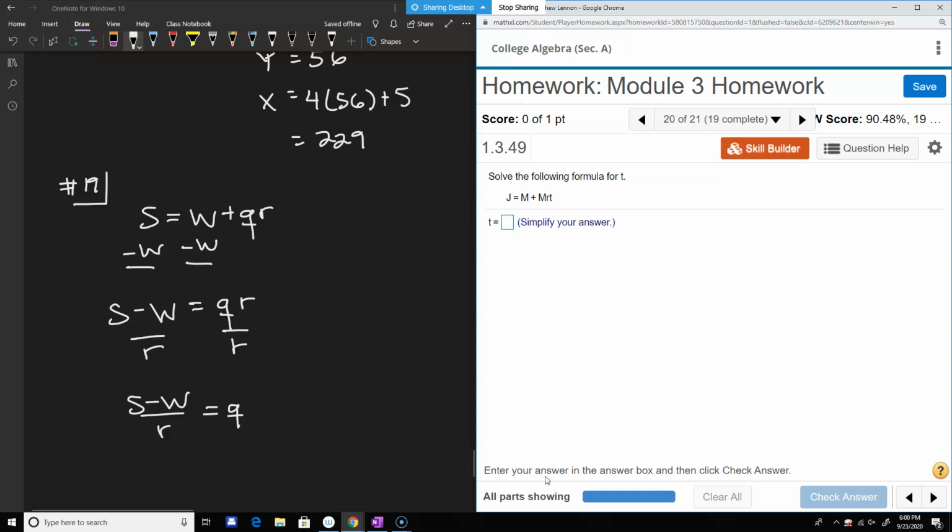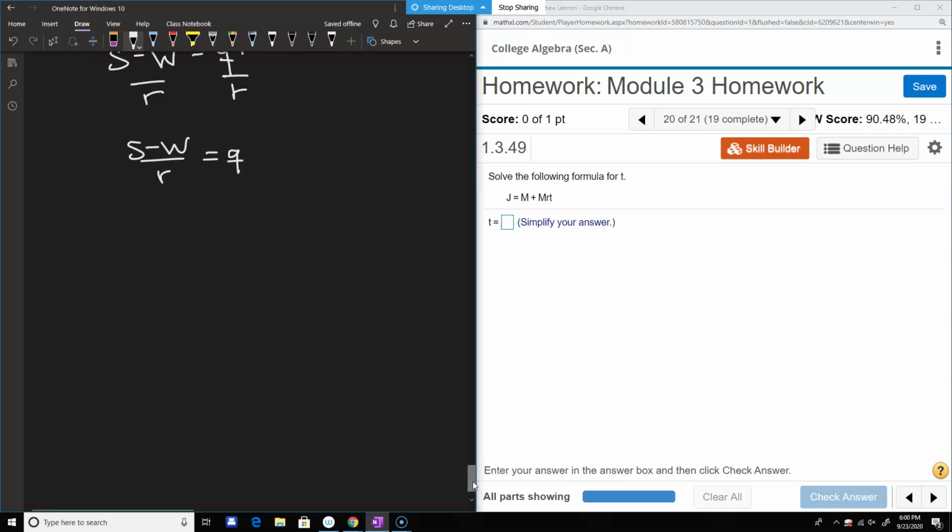This one we want to solve for t. Same sort of thing going on. There are two factors being multiplied by t in this one. So that means we're going to have to divide by two things. But other than that, everything else is very similar. J equals M plus M r t. So this M on the outside is being added.